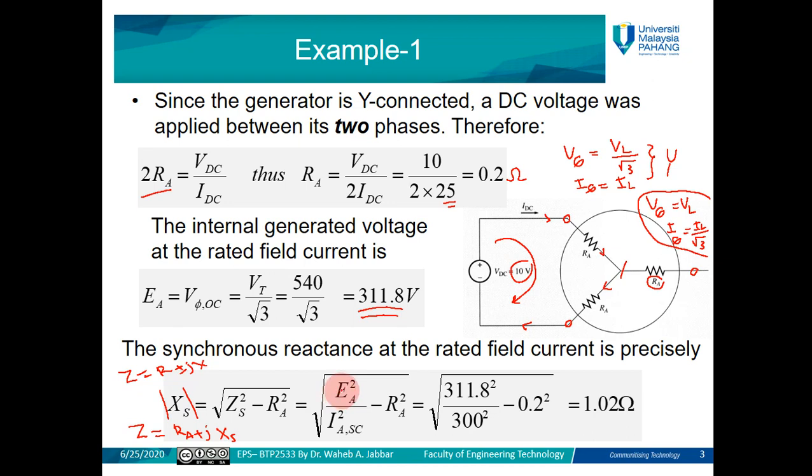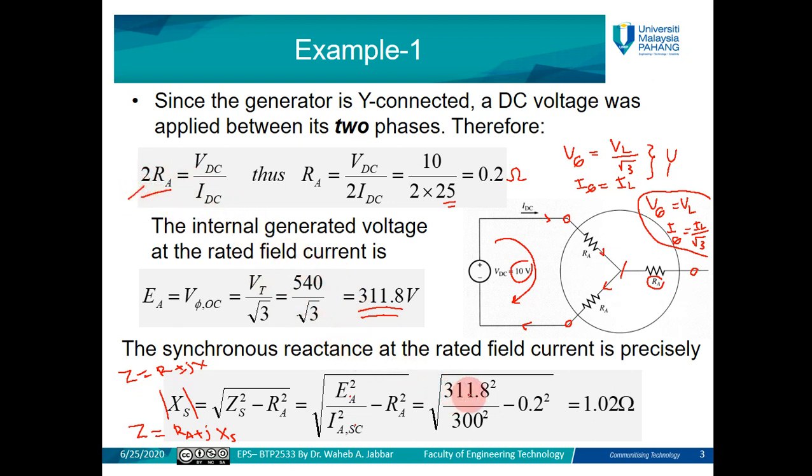So ZS equal to EA over IA. So we have ZS square, so it will be EA square over IA square. This EA is from open circuit, this one is from short circuit. Okay, so minus the value of RA already found here in the DC test.